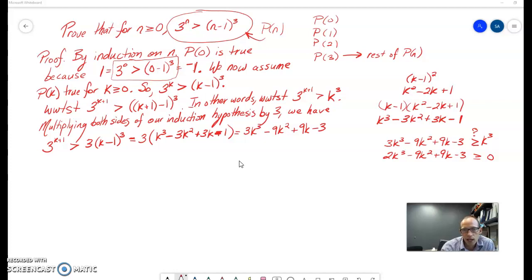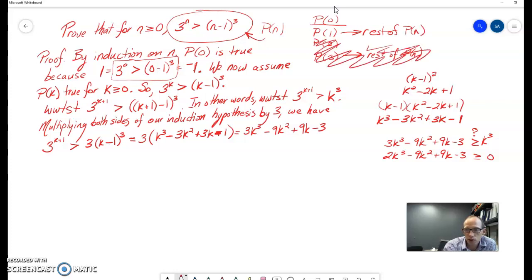not true. So what I'm realizing is back when I made that first statement, it looks like I probably should show p of 0 separately, then have p of 1 be my base case, and do that.